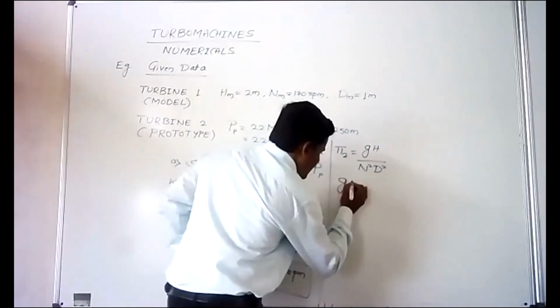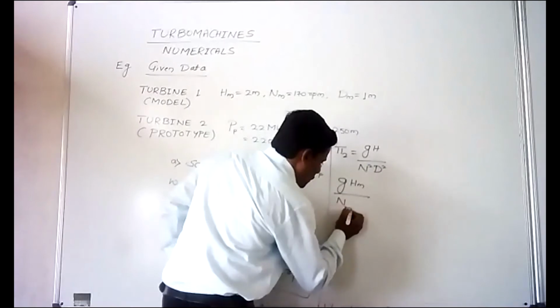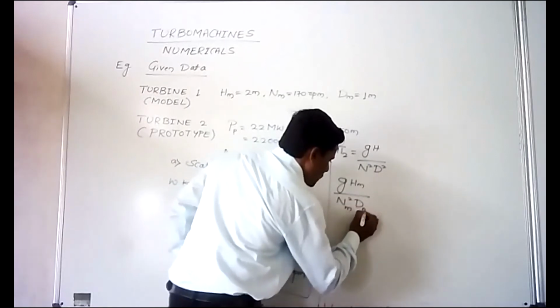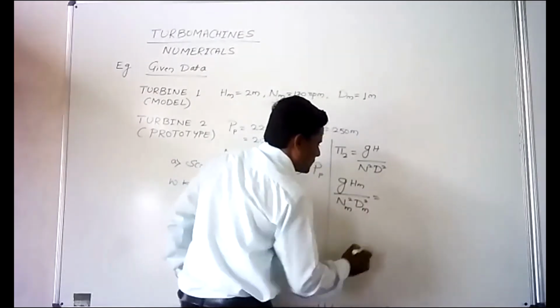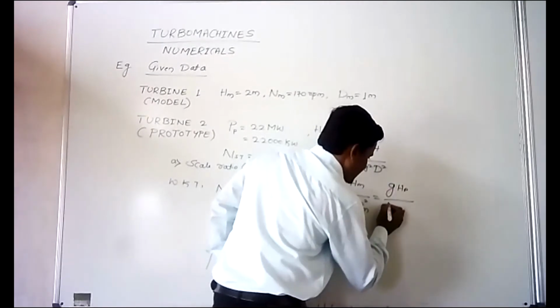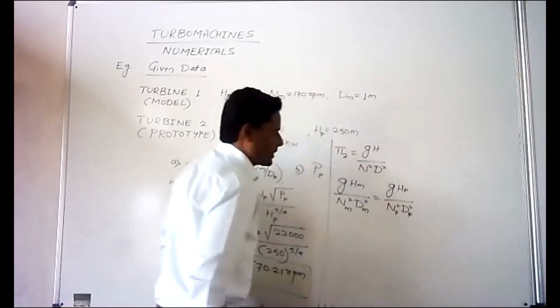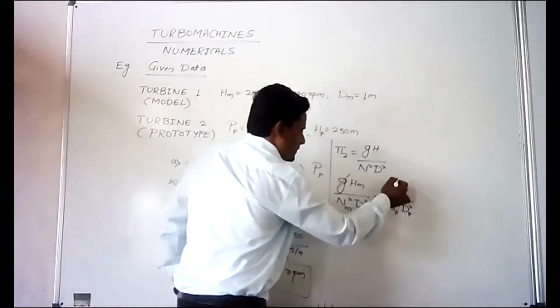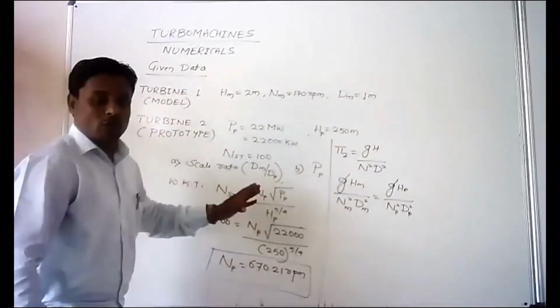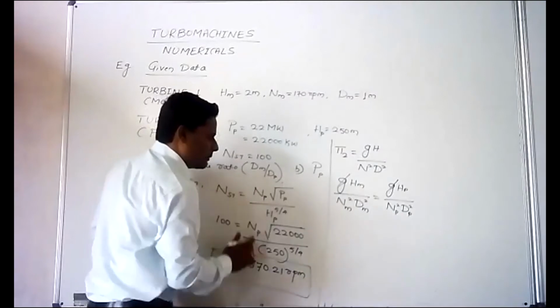Now, gHm divided by Nm square dm square is equal to gHp divided by Np square dp square. g will get cancelled. Do the cross multiplication here. So I want the ratio dm by dp.